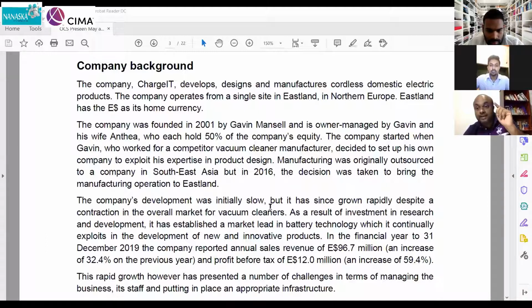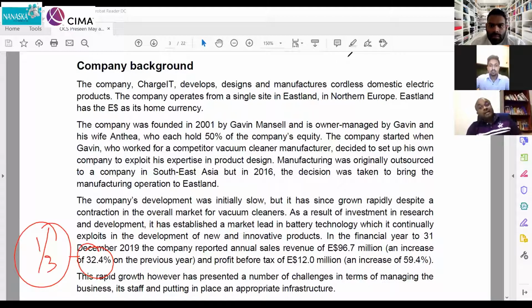So the point is, don't forget, all the candidates who are doing the exam have to realize that a 32.4% increase in sales is a substantial increase. One third increase in sales. When a company tries to increase sales by 32%, if the net profit also increases by 32%, your margins will remain the same.